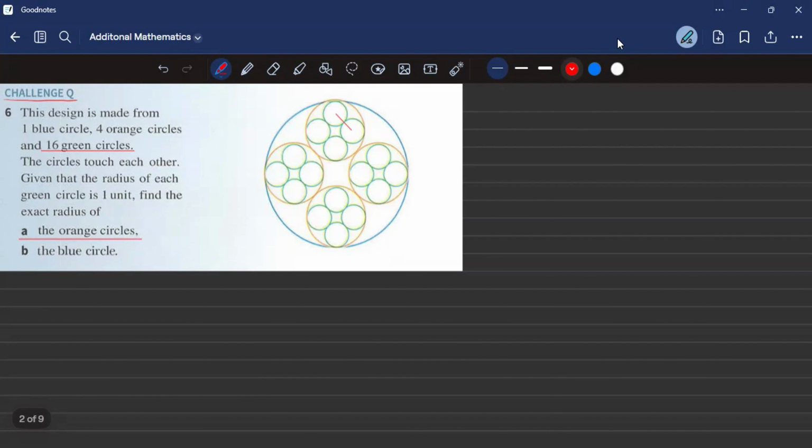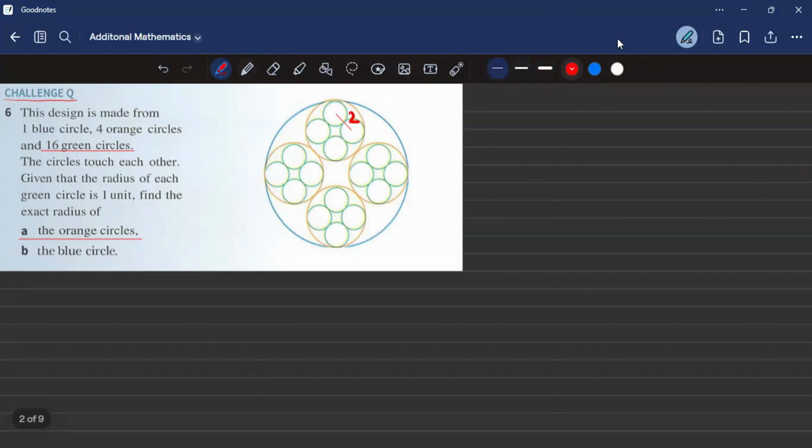Because from the radius of this circle to the radius of this circle, this would make 1 and 1, which would be equal to 2 units. Okay, I hope that's clear till now because we have connected one radius to another.